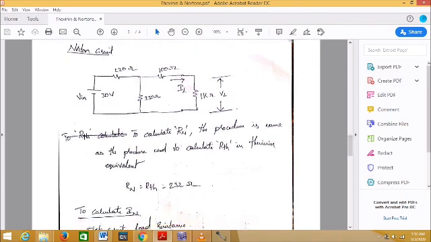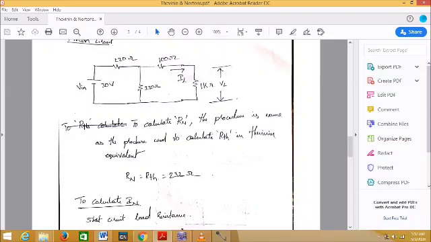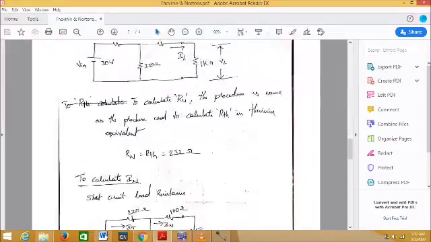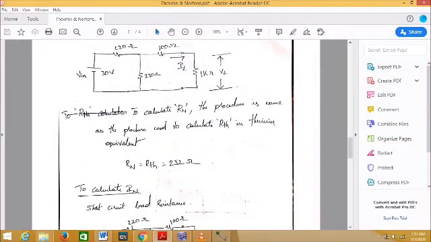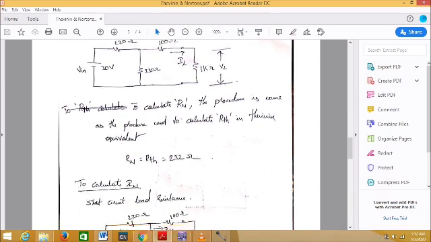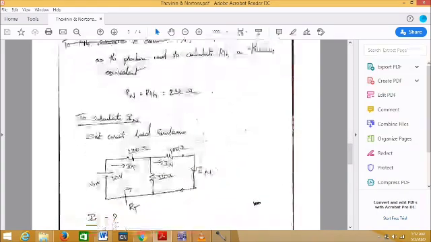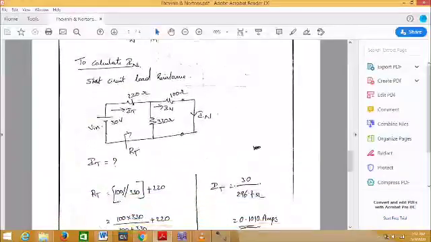My objective here is to calculate IN, which is the short circuit load current. In Thevenin's theorem you open circuited the load resistance and calculated VTH. But in Norton's theorem, you need to short circuit this 1 kilo ohm resistor and calculate IN. If you short circuit the 1 kilo ohm resistor, the circuit appears like this.